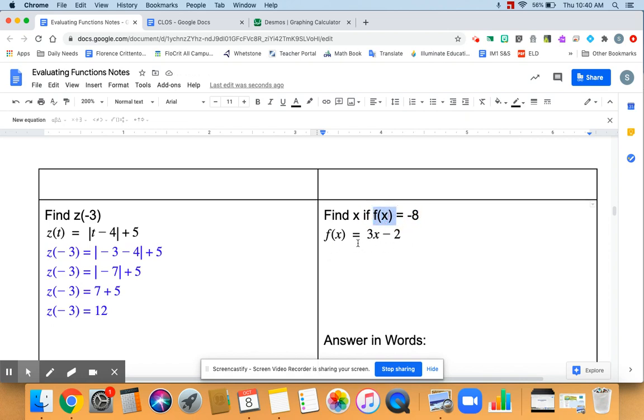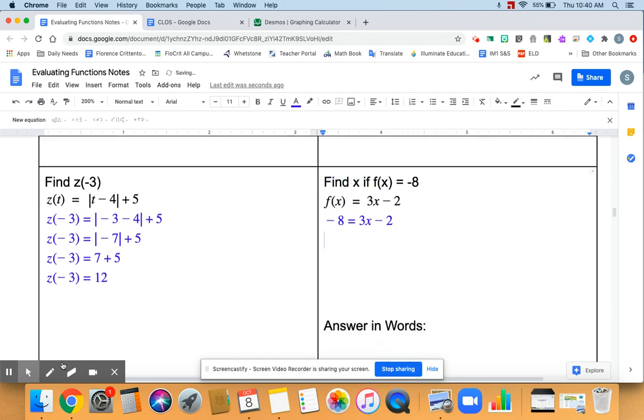So where do I put the negative 8? It goes in front, replaces the f of x part. And now it's saying find x, which means solve for x. So what's my first step in solving for x? Add the 2 over to make it cancel here.